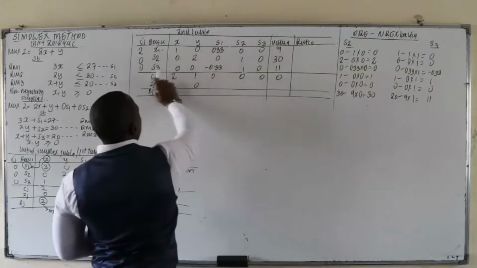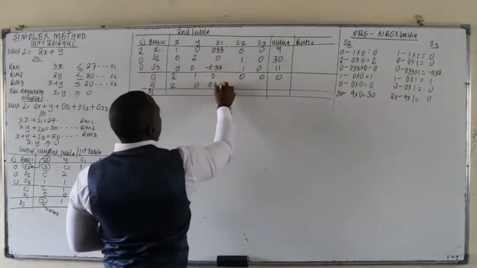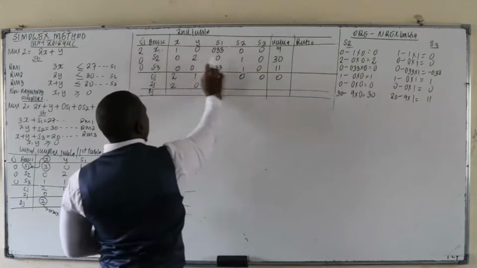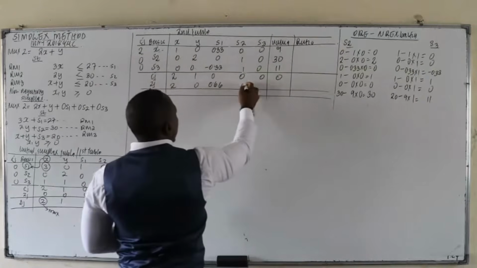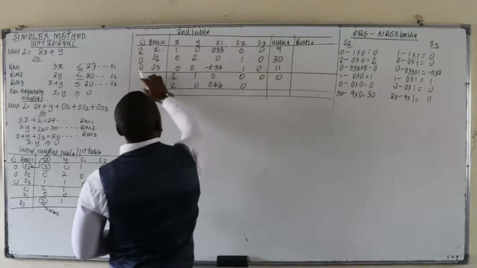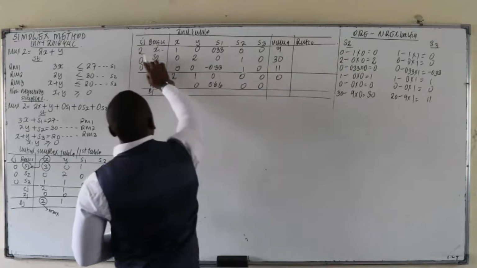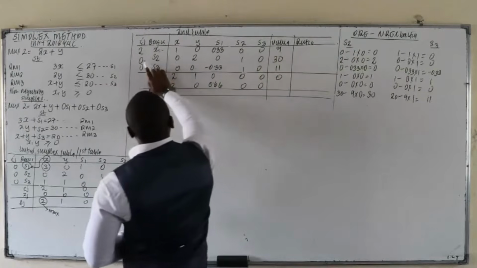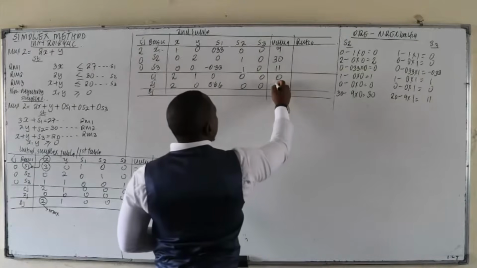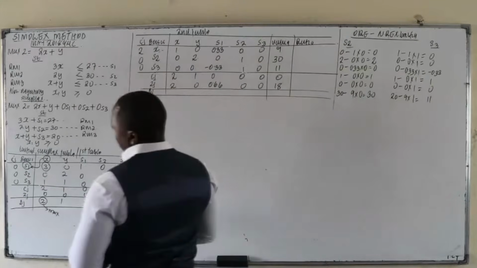That's 0, that's 0, 0.66, 0, 0, 0. 2 times 9 is 18. We get 18.